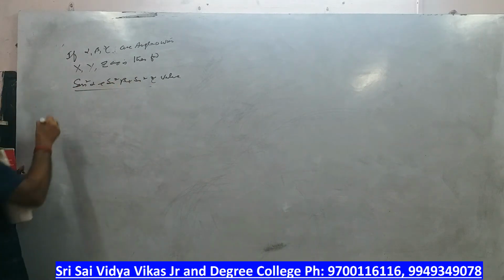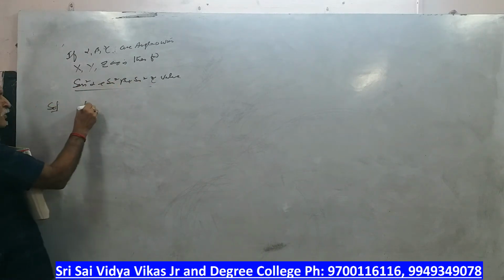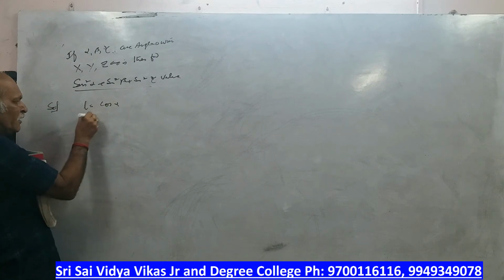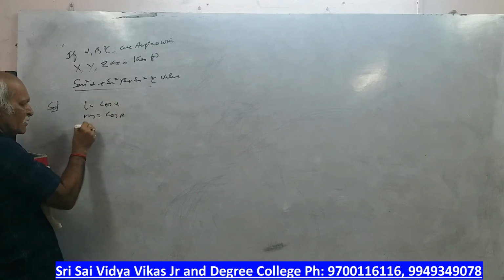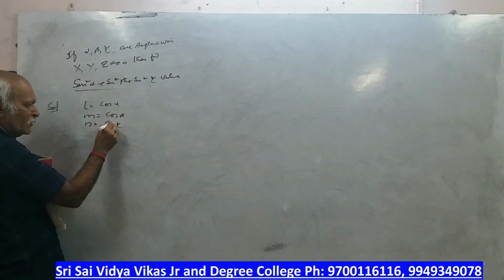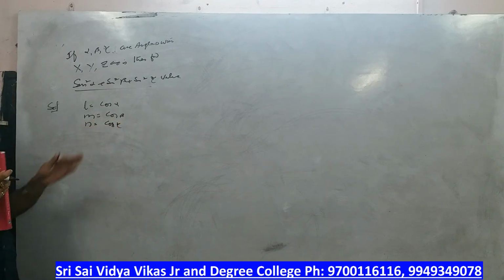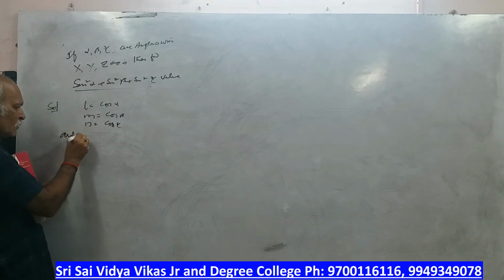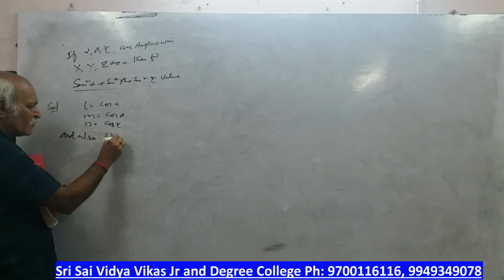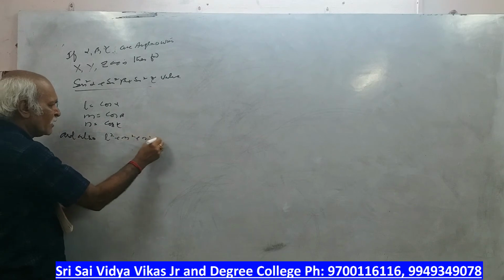Now solution. So L is equal to what, sir? Cos alpha. M is equal to what, sir? Cos beta. N is equal to cos gamma. We know these values. And also we know L square plus M square plus N square is equal to 1.